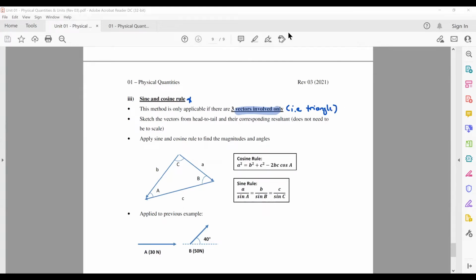Now, before I go to that, in maths, you may have recalled the cosine rule and sine rule as these formulas here.